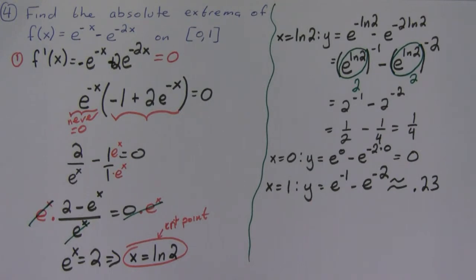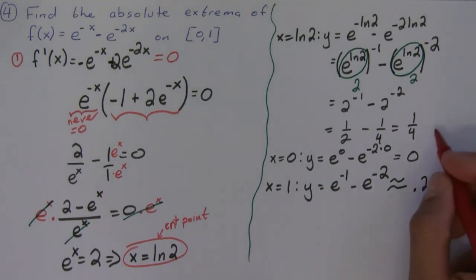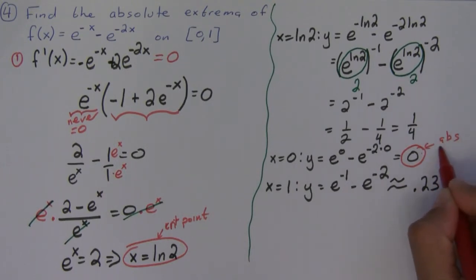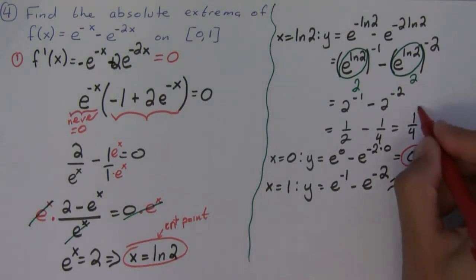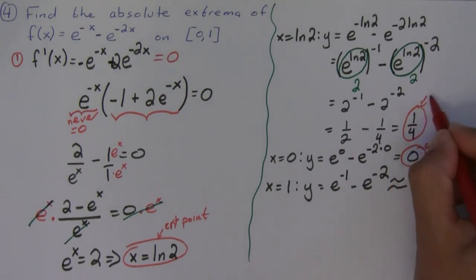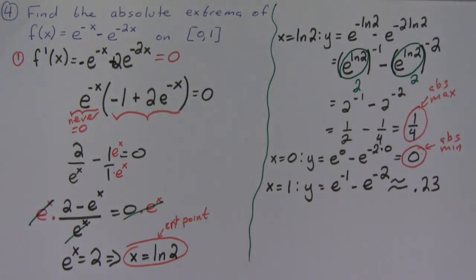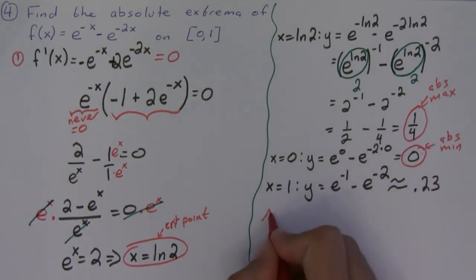Okay, so if we look at all of these and compare them, we know that 0 is going to be our absolute minimum, and 0.23 and 1/4, well, 1/4 is 0.25, so this is our absolute maximum. So let's rewrite this in one place.